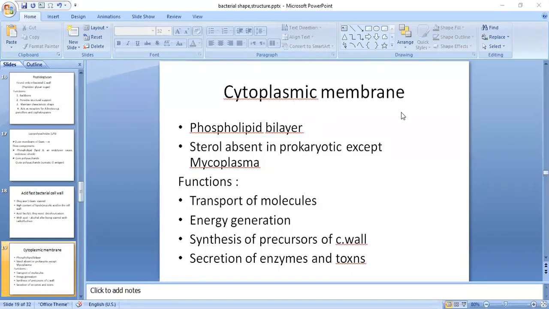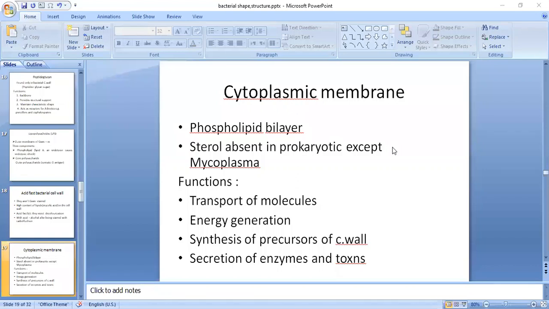Now after this cell wall, we discuss the membrane that is known as the cytoplasmic membrane. The cytoplasmic membrane is phospholipid in nature, and sterols are absent in prokaryotic cells, in bacteria, except one.